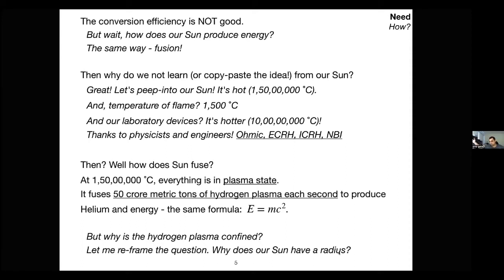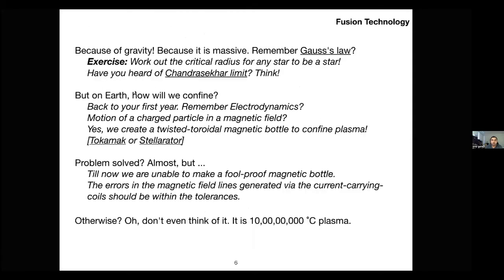Why is it not just all pervaded in space? Because it's massive. It has a critical radius. You can work it out from the Chandrasekhar limit, or for a star, you can work it out. So it's basically the gravitational attraction that gives it a fixed radius.